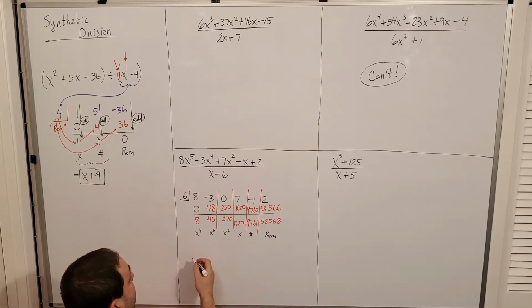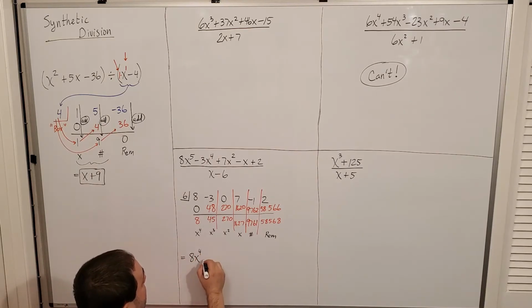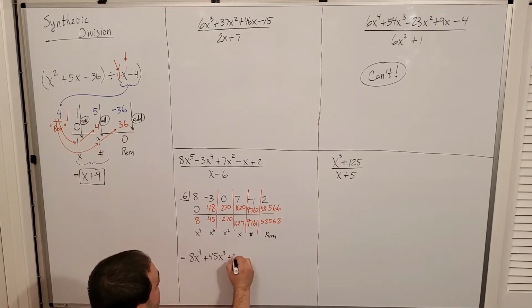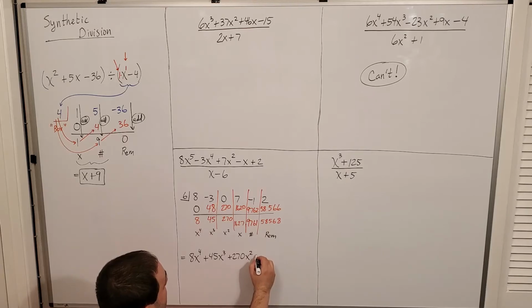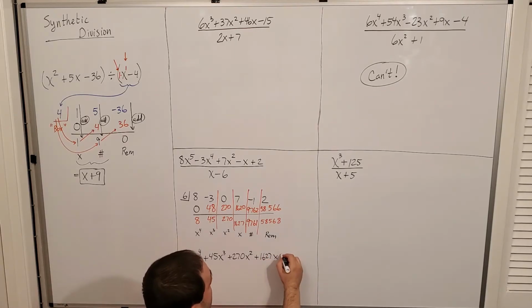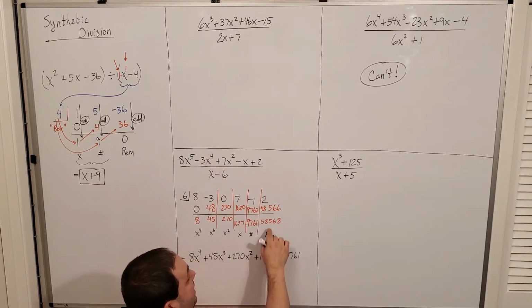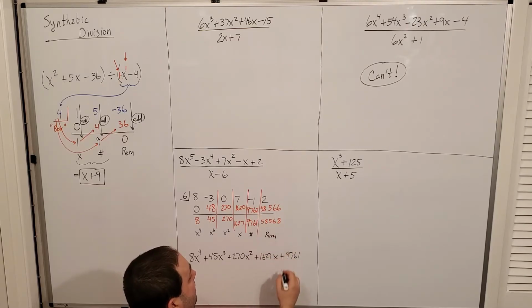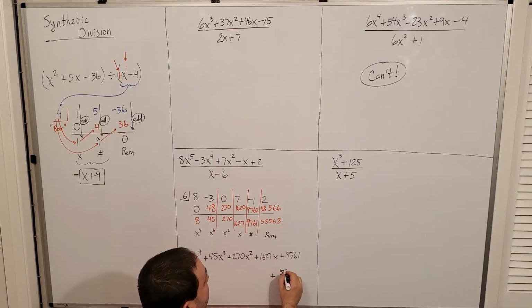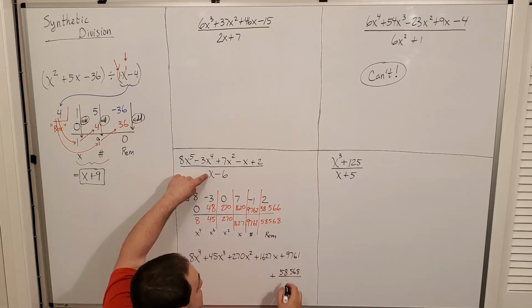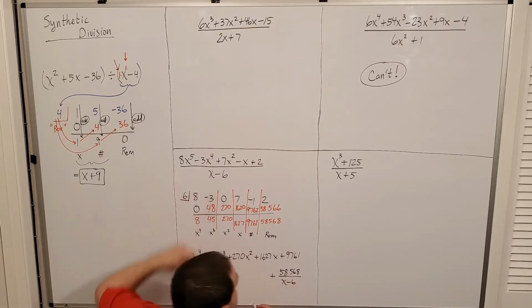So my answer is 8x to the 4th plus 45x cubed plus 270x squared plus 1627x plus 9,761. And I actually have a remainder this time, right? So I have to put plus 58568 over the original divisor x minus 6.